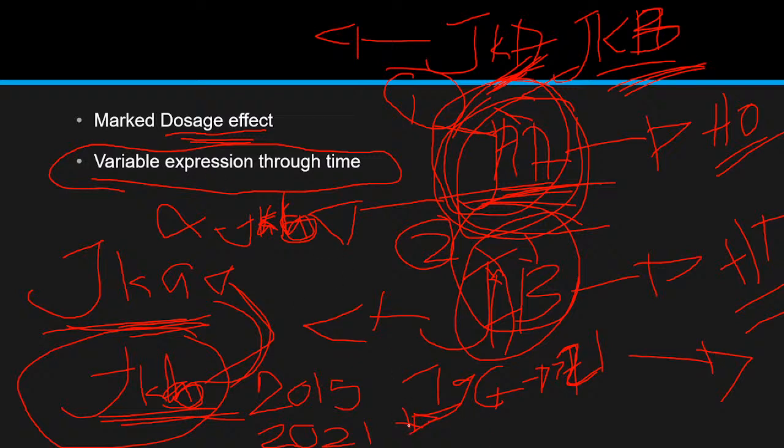So what do you mean by variable expression? As time moves forward, the strength of the reaction becomes lower. And then the next time she got it, there is memory for that one. There's memory for those cells. She will immediately produce anti-JKA again immediately. And then there's going to be hemolytic transfusion reactions.